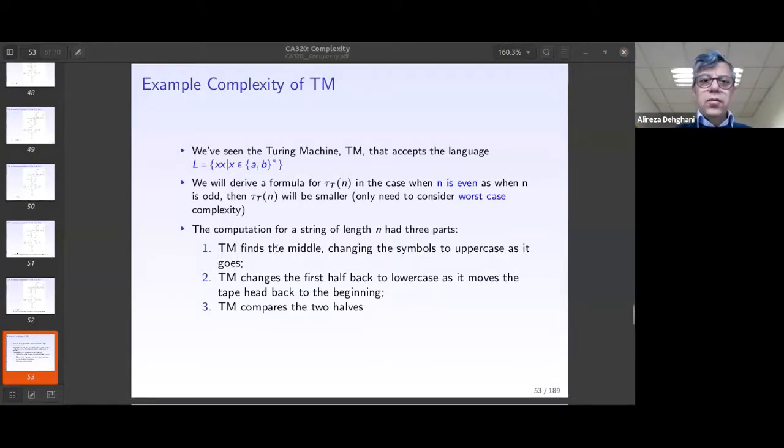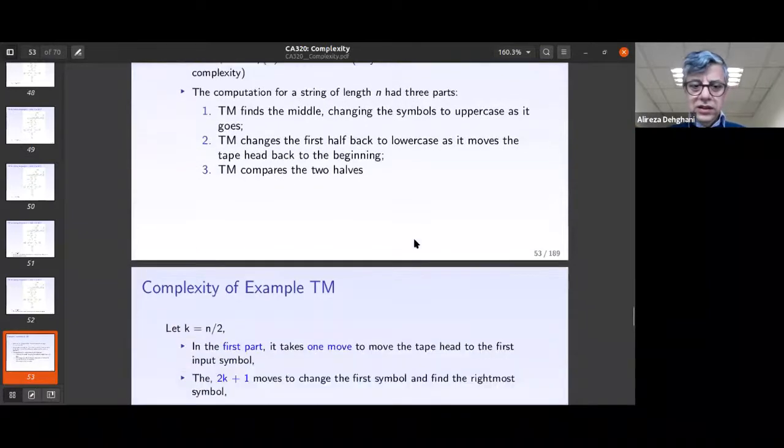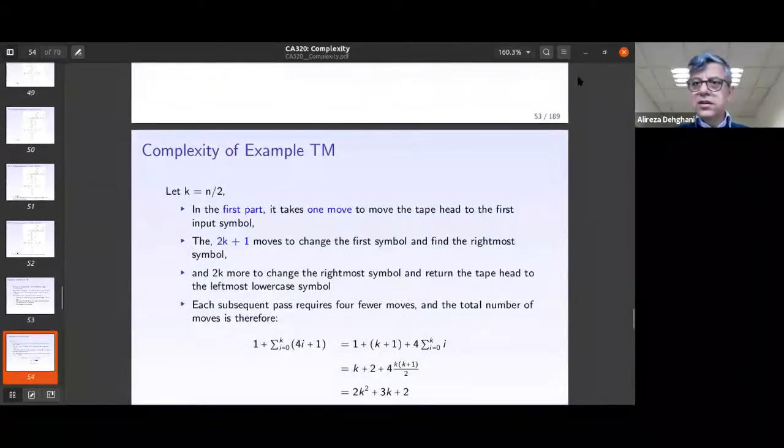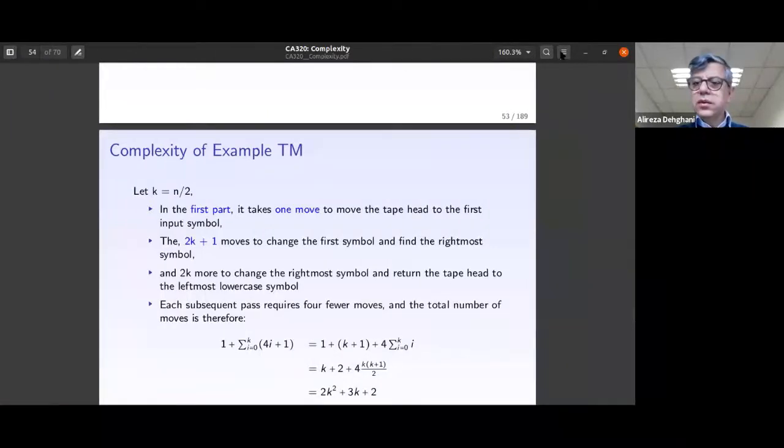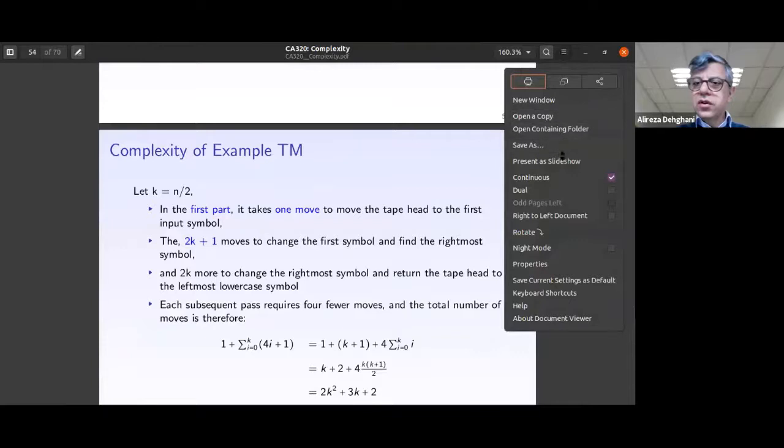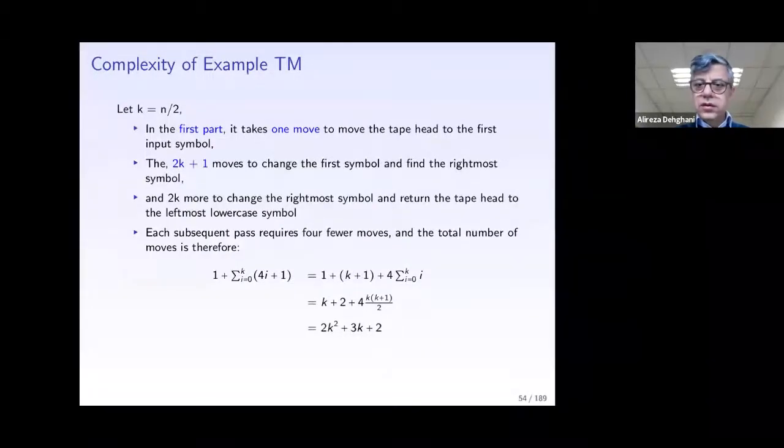Okay, so then we talked about the complexity of this machine. In terms of the presentation slideshow, it was much easier to understand.